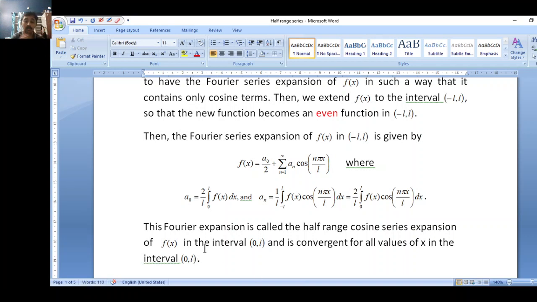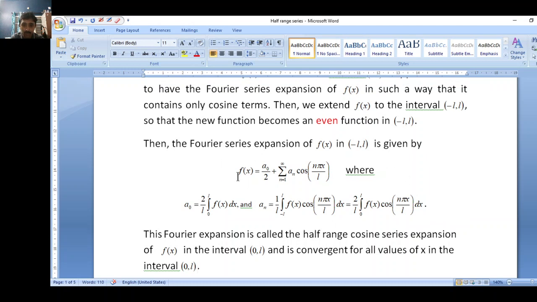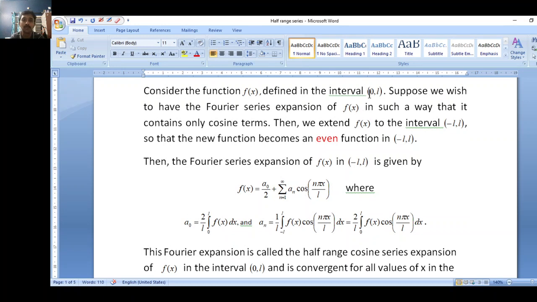So what I'm trying to say is that this expansion, as you can see here, will be convergent for all values of x which are taken in the interval 0 comma L. Why is this happening? Because the original function that is given is defined only in the interval 0 comma L. So to summarize, even though the given function is defined in the interval 0 comma L, we extend it to a new function in the interval minus L comma L and make it an even function, so that its Fourier series expansion will have only f of x in terms of a0 and an.